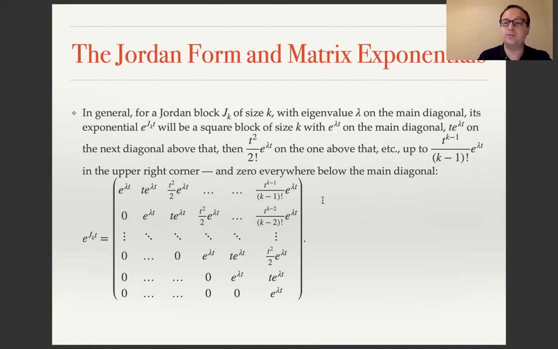This is for a Jordan block of size k. So this is a k by k block, and it is the exponential of a Jordan block of size k. And so this always has 0 below the main diagonal.